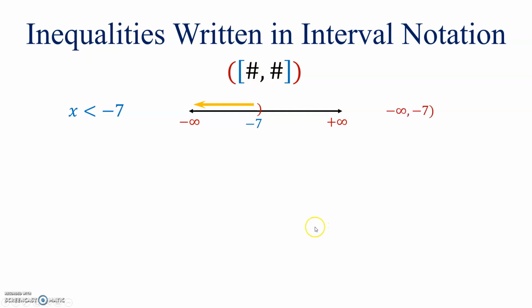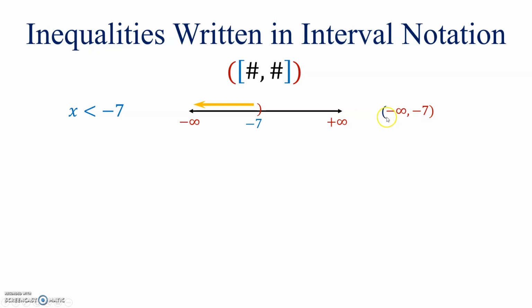So far, we've got the -infinity and the -7, and the -7 has the parentheses. So all we need is a corresponding grouping symbol in front. The corresponding grouping symbol will be parentheses, not because there's a parentheses here, but because of the meaning of parentheses.